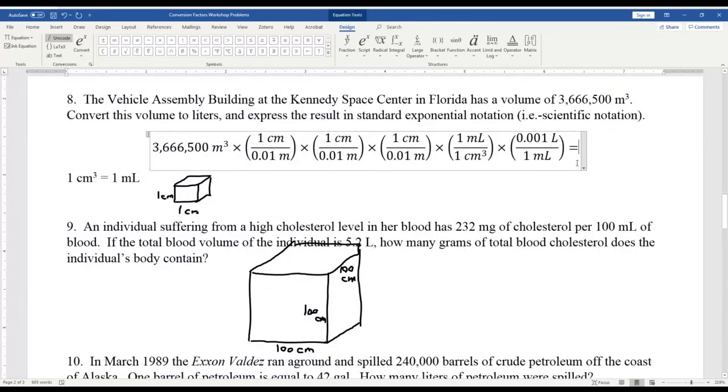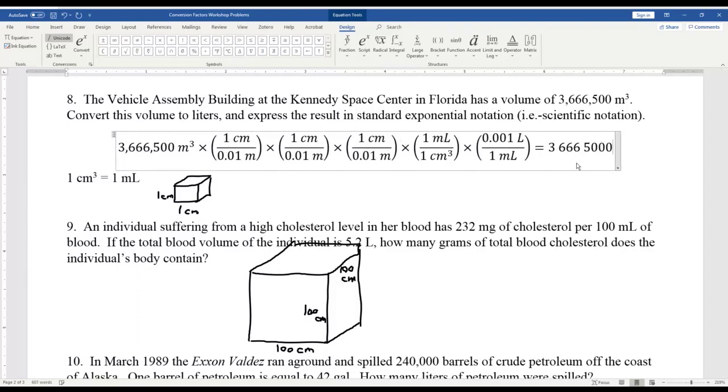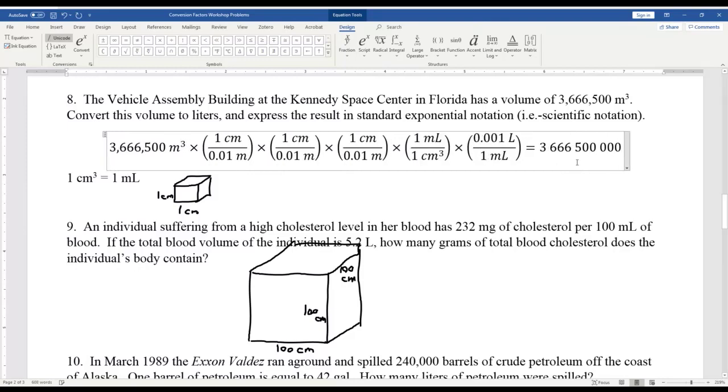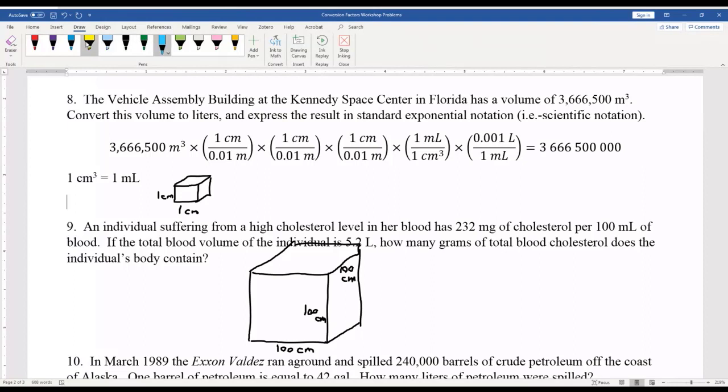Initially I ended up getting 3,666,500,000. That's what I end up getting initially. But if I want to convert this to scientific notation, here's my little dot for my imagined decimal point, and I have to shift this over 1, 2, 3, 4, 5, 6, 7, 8, 9.